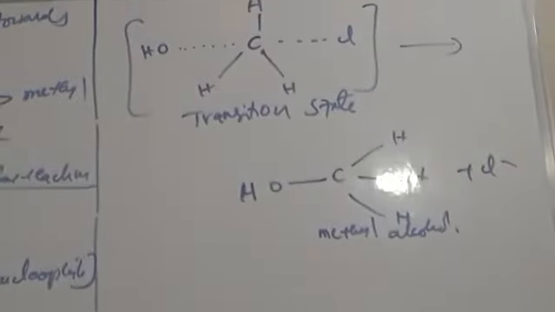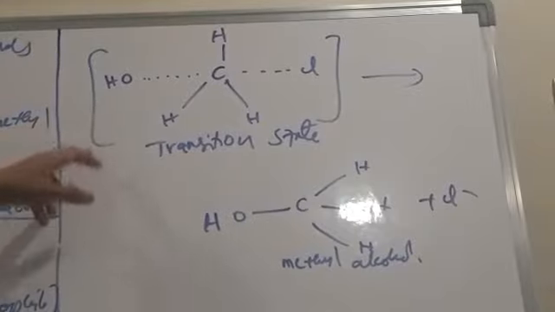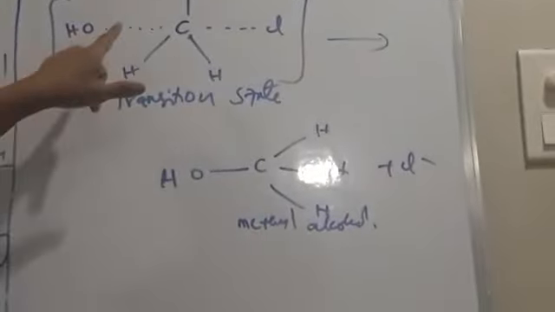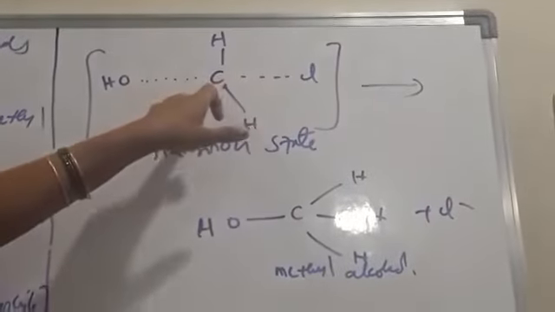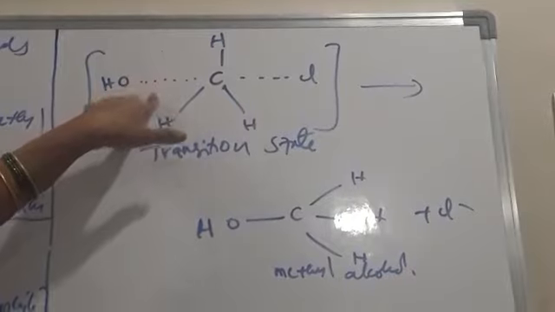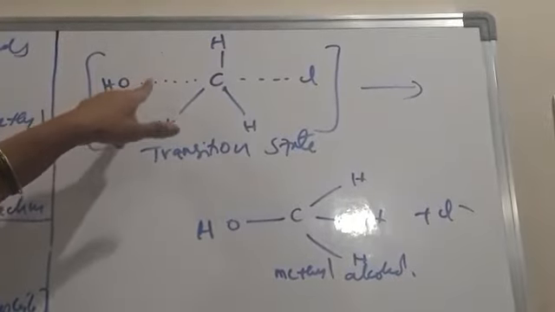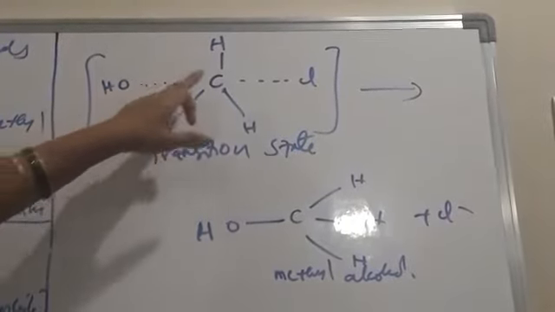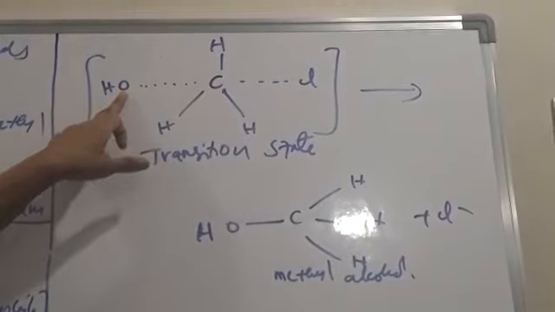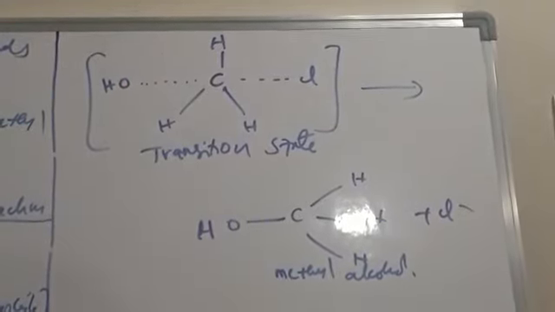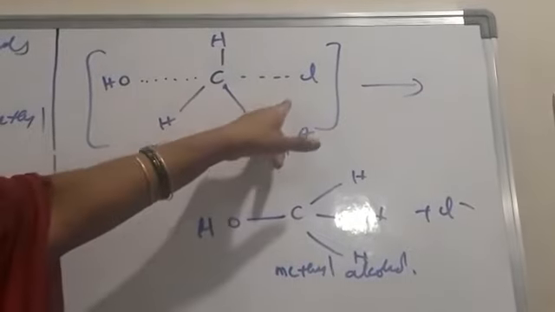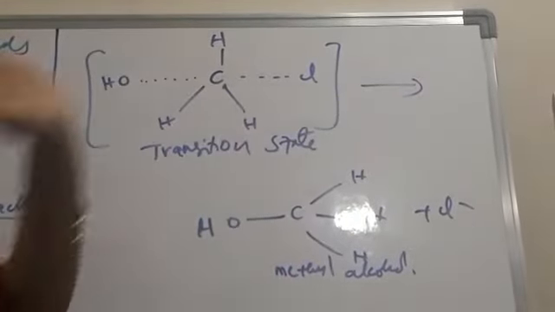Then from this we get a transition state. Here you see the transition state where the OH group and Cl, which are linked with carbon, are indicated with dotted lines. The dotted lines indicate that between carbon and OH group a new bond is formed, and between carbon and Cl there is breakage of the old bond.